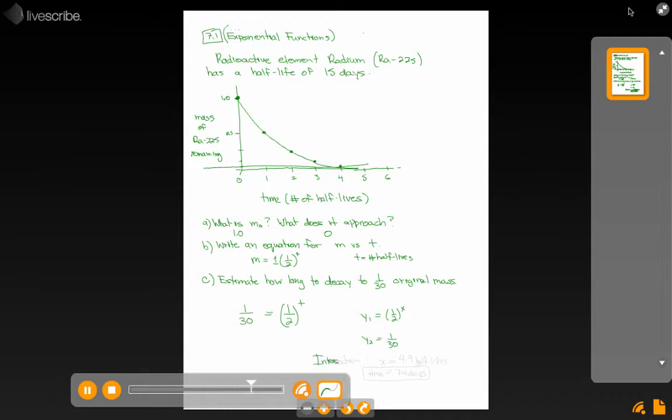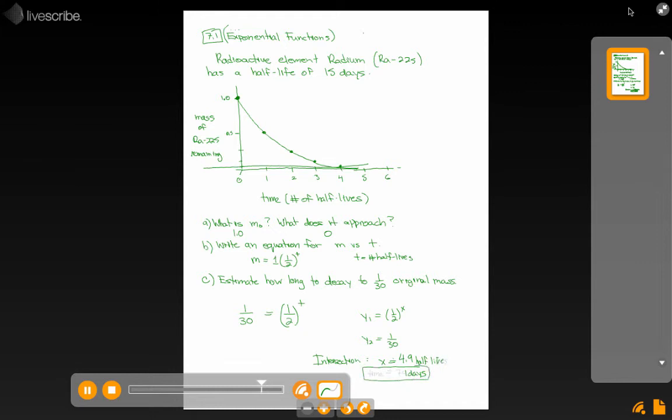So you find that intersection, second trace, intersect, enter, enter, enter, and you get roughly 4.9 as your x value. Now what does 4.9 mean? That's 4.9 half-lives.